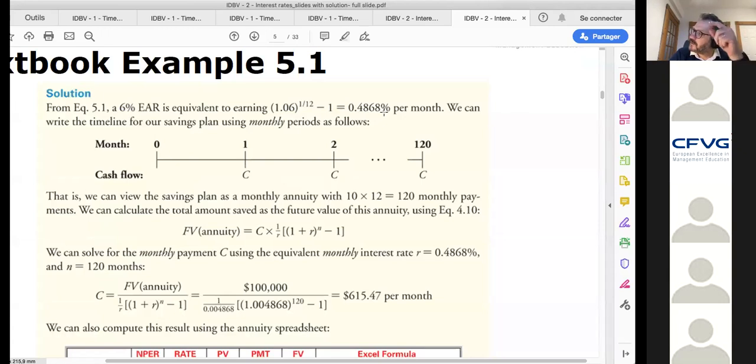Because if you do 6% divided by 12, that's 0.5%. Of course, a little bit less than that because in this situation, you consider that there is a compounding effect every month. So it means that you save your money every month and you earn interest every month. So of course you accumulate some capital and so the interest rate is lower.